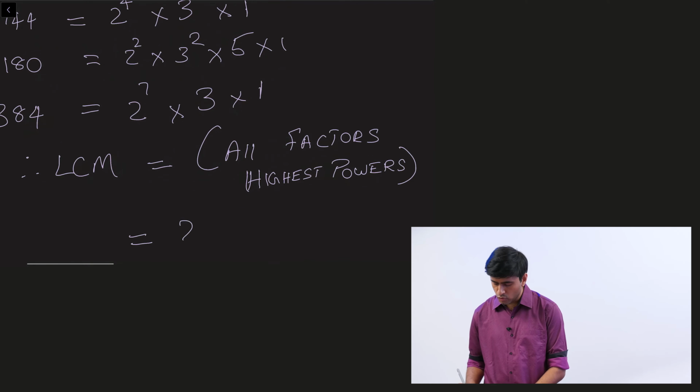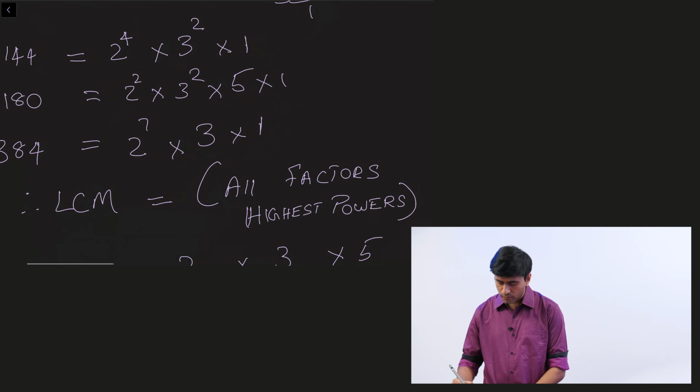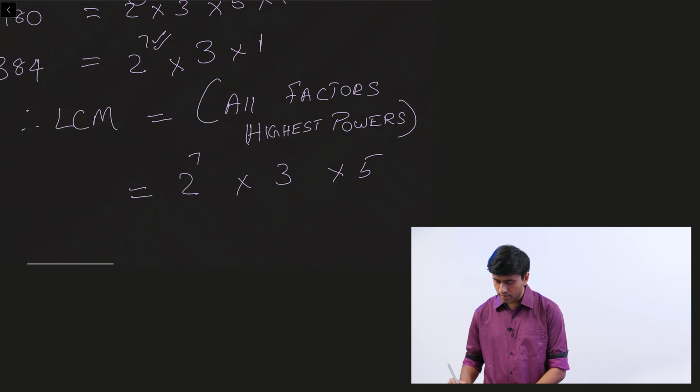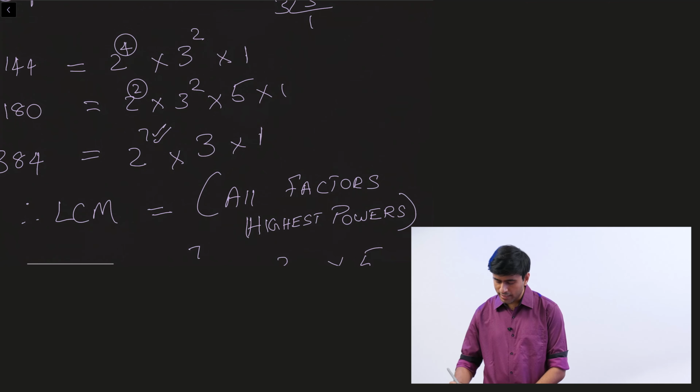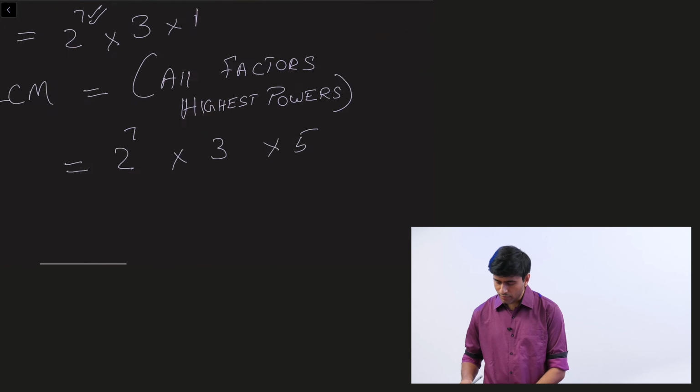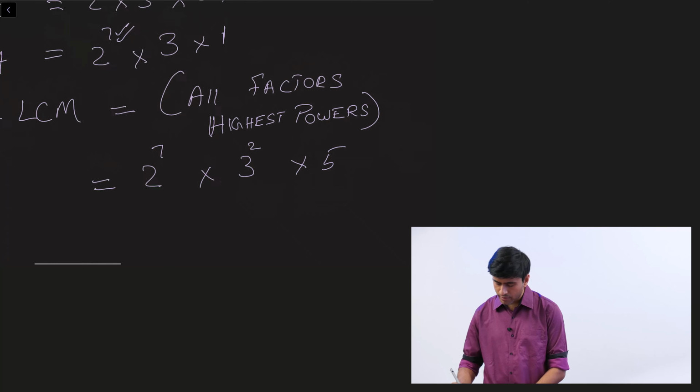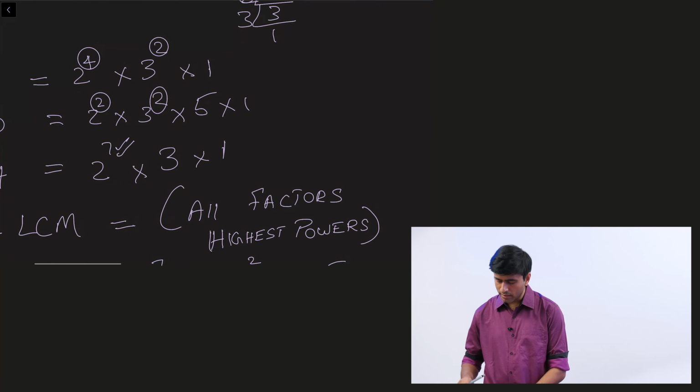We have 2, we have 3, and we have 5. What is the highest power of 2? If you notice, the highest power of 2 is 7. So we take 2 to the power of 7. What about 3? What is the highest power of 3? It is 2, 3 to the power of 2. And what is the highest power of 5? It is only 1. So it is just 5.